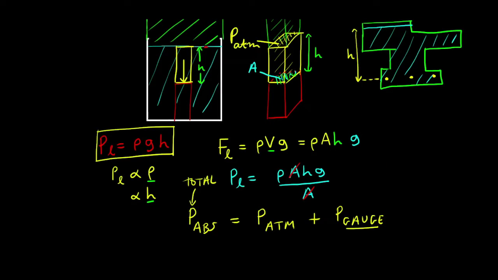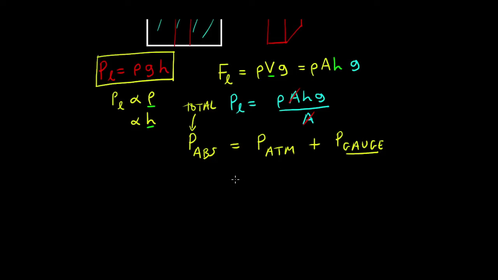And the gauge pressure is due to the weight of the liquid at some point below the surface of the liquid. Okay, so that's our rho g h. So what we have is the total pressure is equal to the atmospheric pressure plus the density of the liquid times gravity times the height below the surface of the liquid.